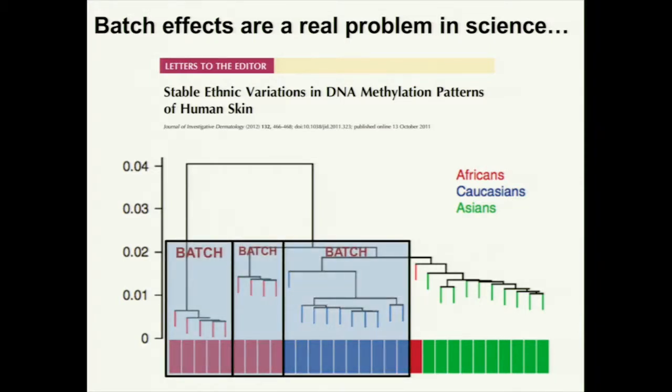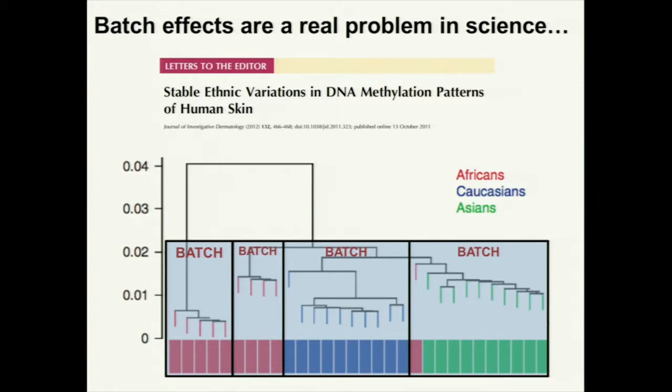If you then add on the batches that they ran their arrays in, you might come to a very different conclusion. I would say probably a more appropriate conclusion for this paper is batch effects really influence my data heavily and can make me have very wrong conclusions. So just as a warning to you guys, this is why I'm saying these things are really important.